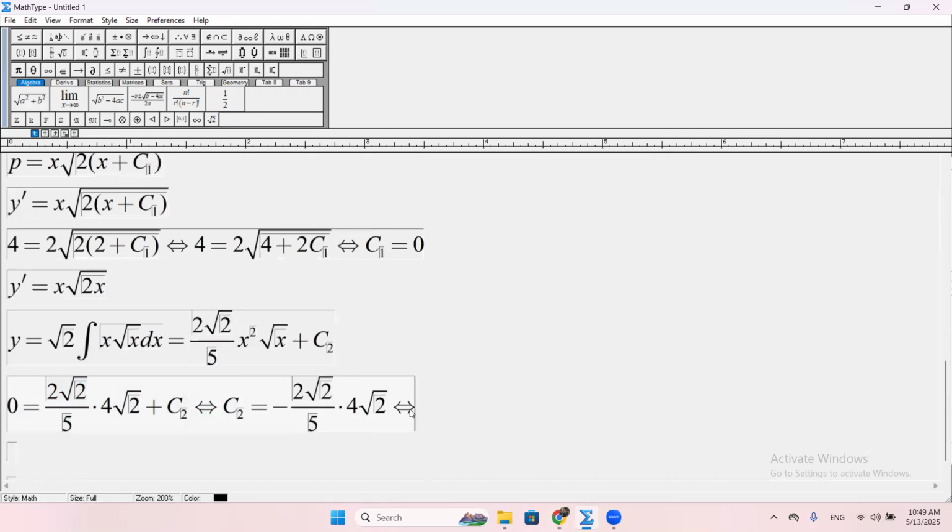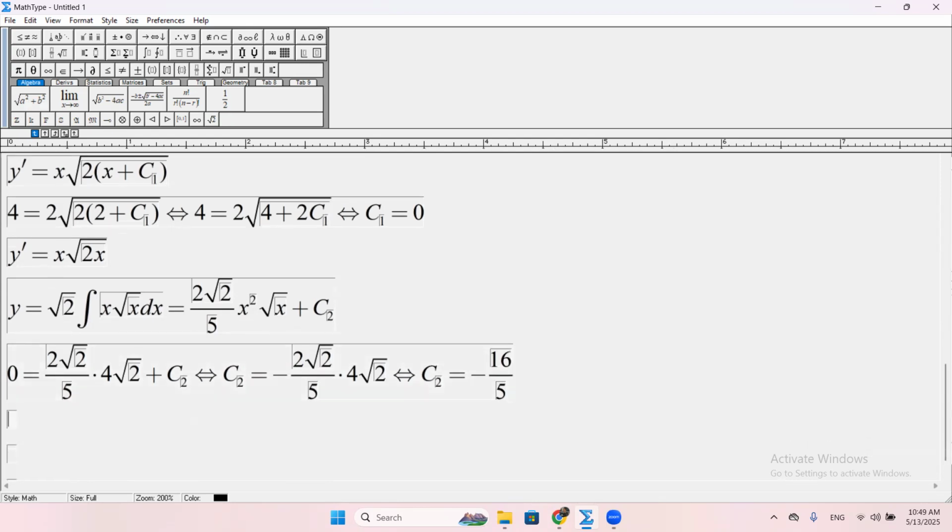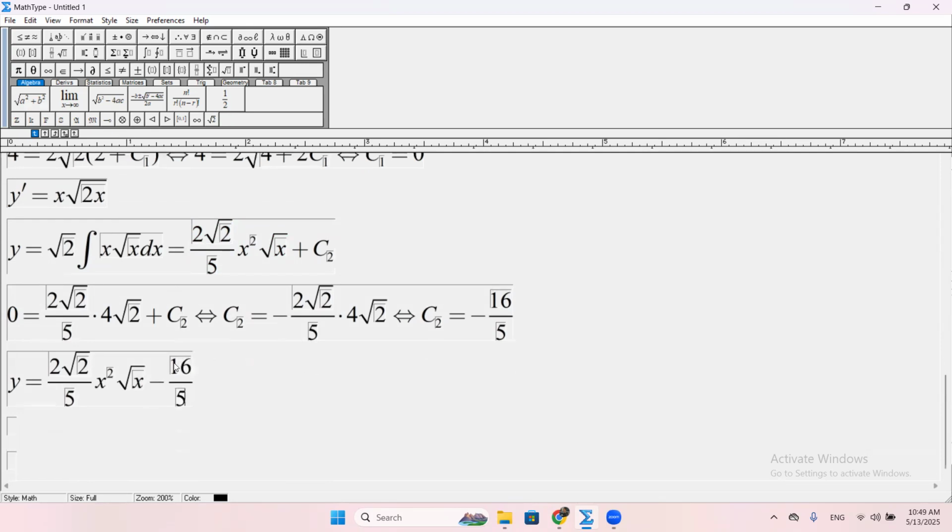And finally, c2 will be equal to minus 16 over 5. So the final answer will be y equals this expression minus 16 over 5. So that's it. Any questions about this exercise?